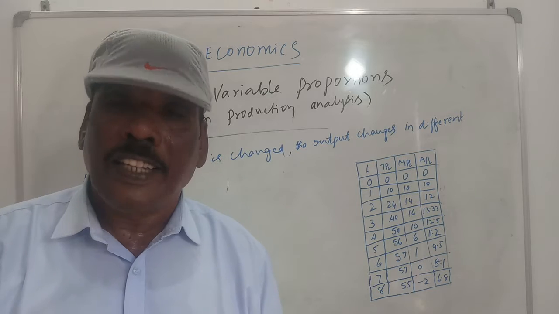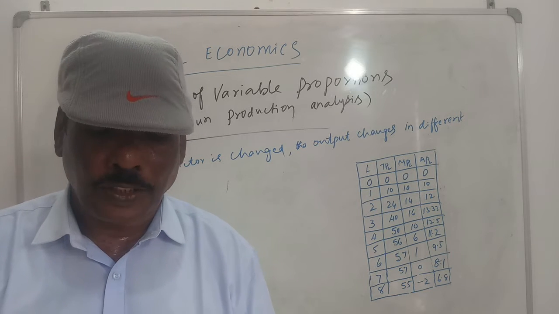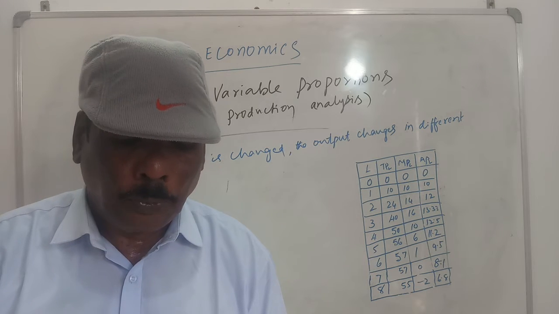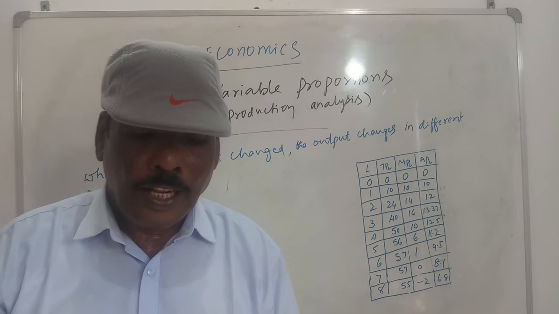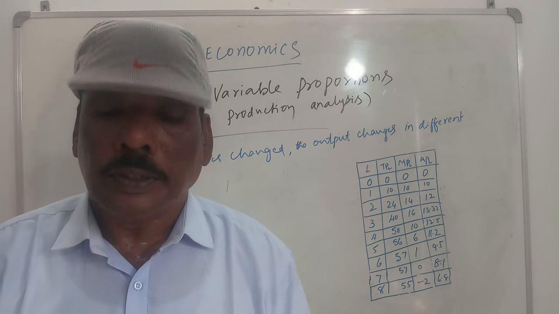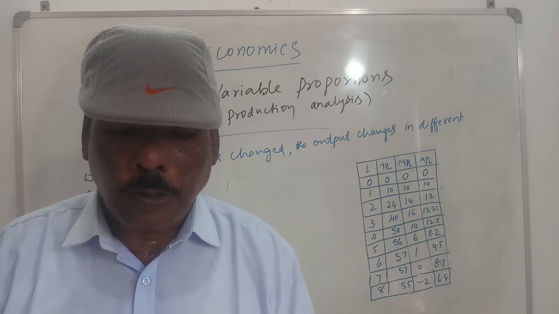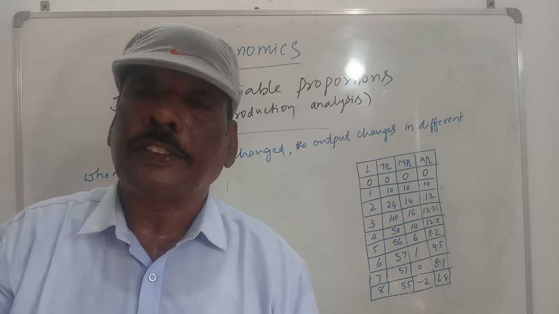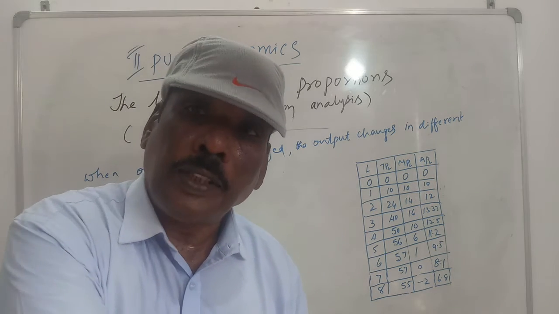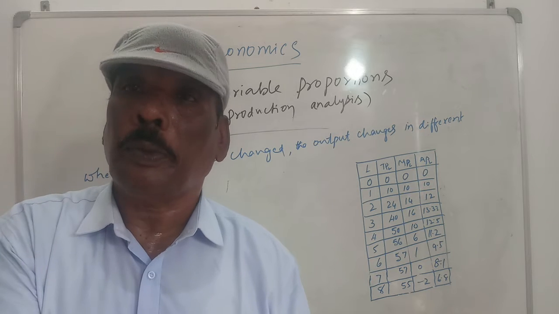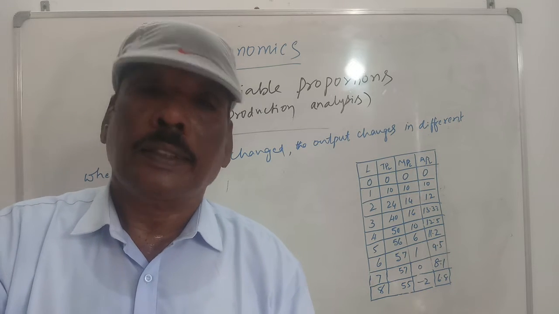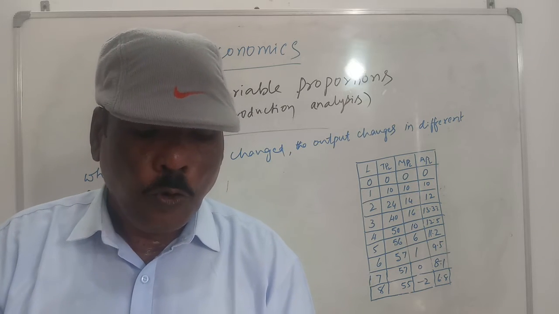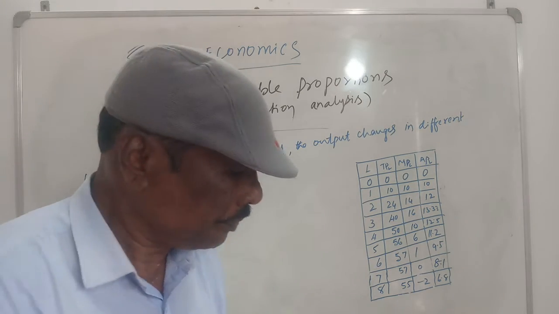And here is one definition: the law of variable proportion explains the relationship between the proportion of fixed input and variable input on the one hand and output on the other hand.